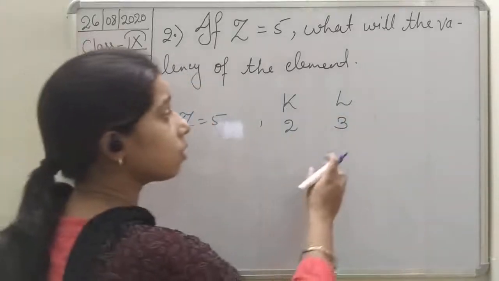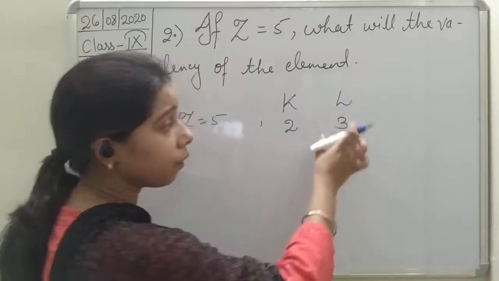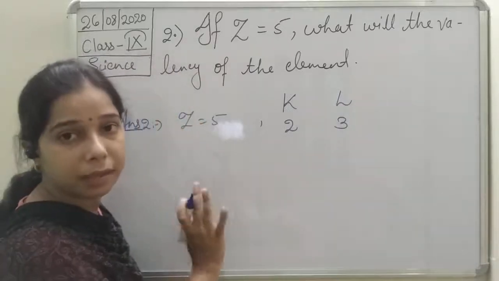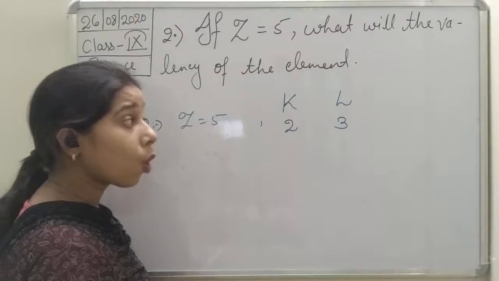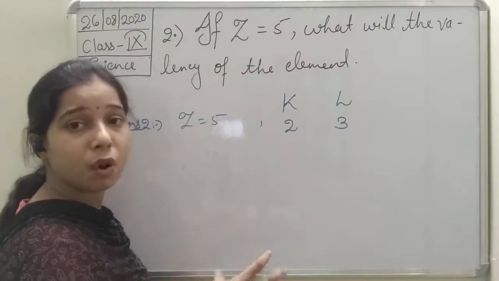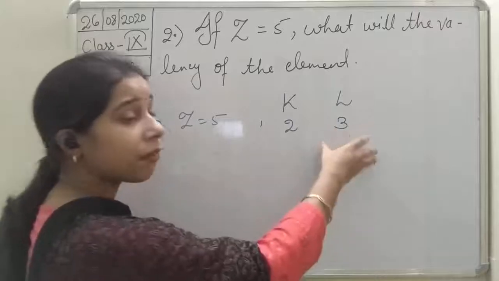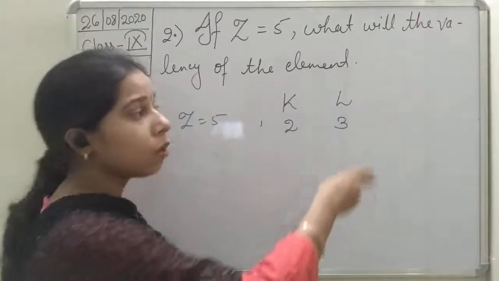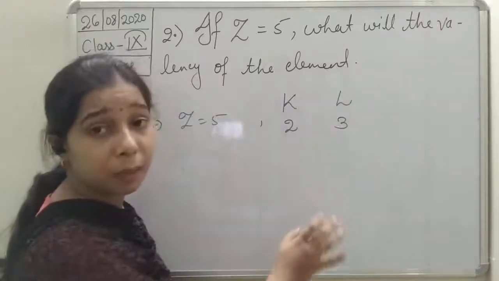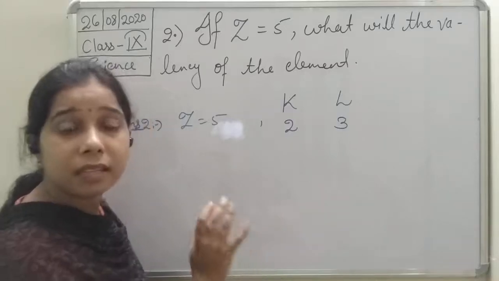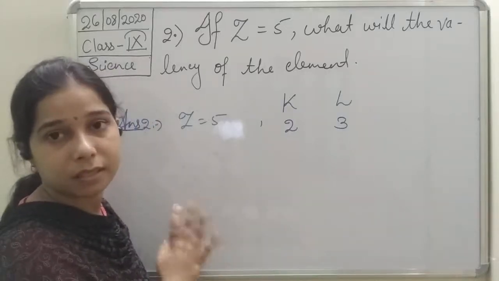Okay, so you see here, students, this is the shell in which the last 3 electrons enter. And you know that the accommodation power of the L shell is not 2, but it is 8. So it has to complete its octet. So we can say that this is the incomplete shell right now, because incomplete electrons are present here.